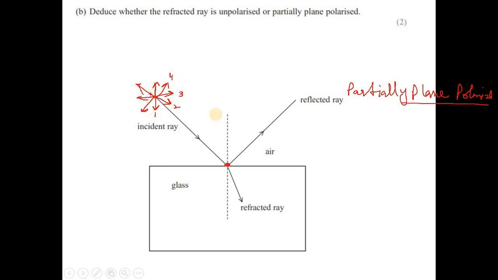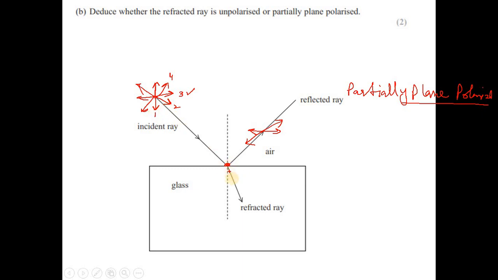Now what is the meaning of partial plane? Meaning some of the planes are reflecting. So I assume that only the horizontal plane, which is plane number 3, and plane number 4, suppose plane number 4 is reflecting. So this is called partially plane polarized light. So what about the rest of the other planes, like plane number 1 and 2?